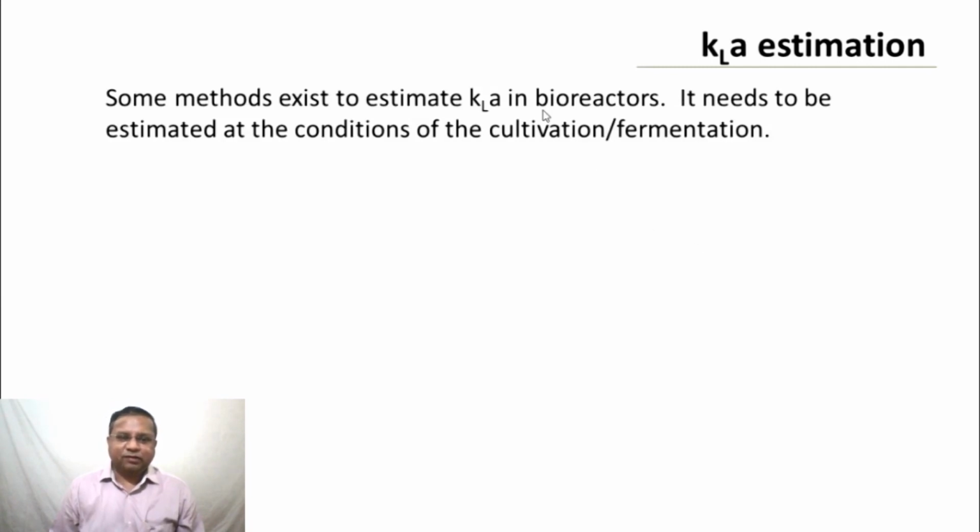There are some methods that exist to estimate KLa in bioreactors. It needs to be estimated at the conditions of cultivation and fermentation, because it is a function of so many different things: temperature, pressure, composition, the flow rate, the agitation rate, and so on. Therefore, we fix all those and then estimate the KLa.